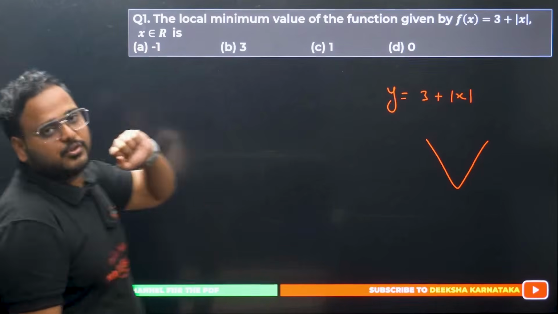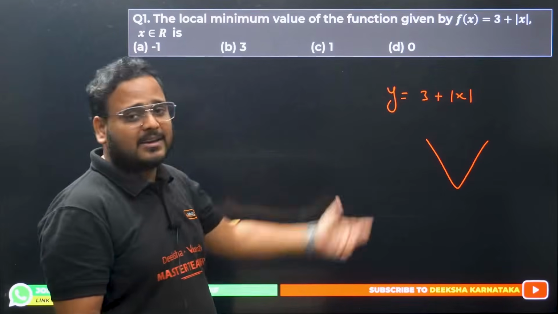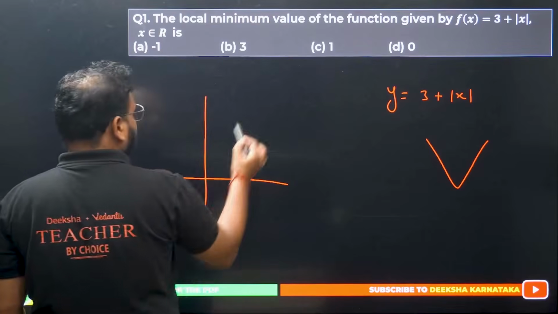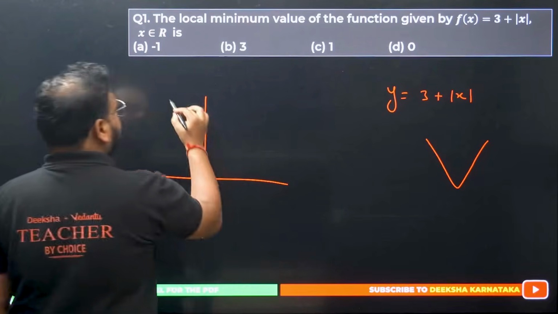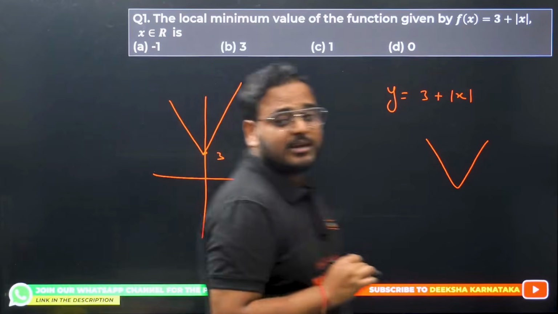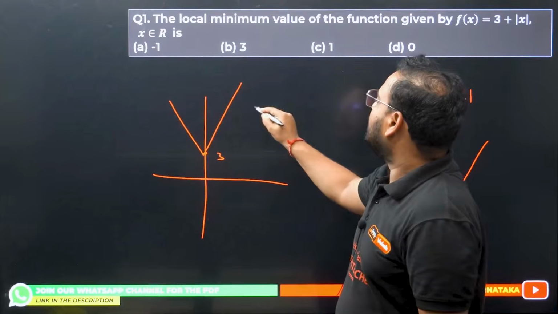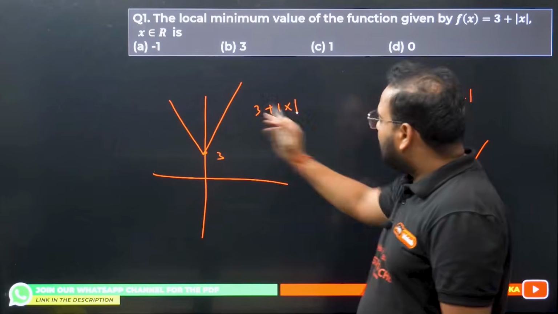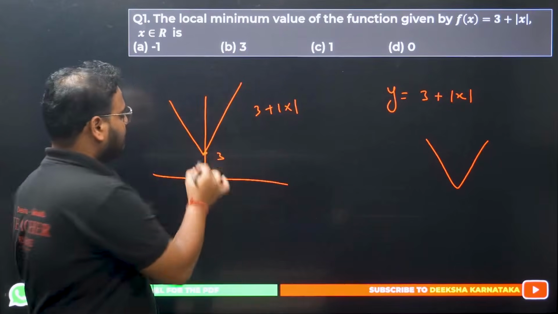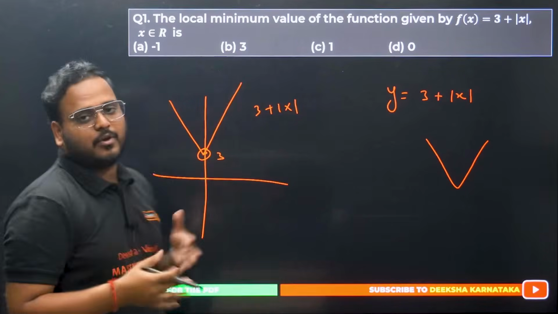Local minimum they're asking us to find, but the good thing is we don't need the derivative for that either. If I'm looking at the mod x curve, and we are adding 3 to that, the curve will shift up to this point. This will be your value 3. This is the curve for 3 plus mod x. For this curve, the minimum value can be defined over here, but the maxima is not defined, right?